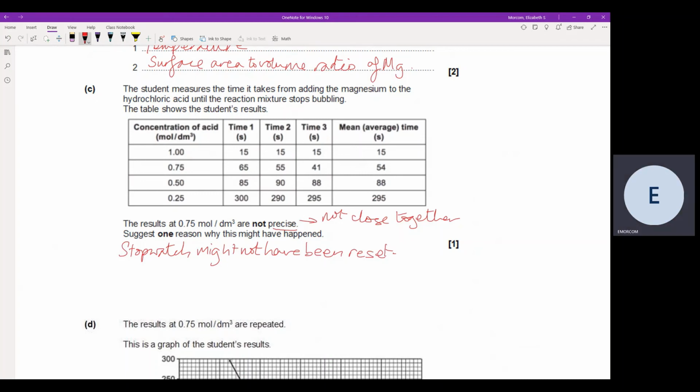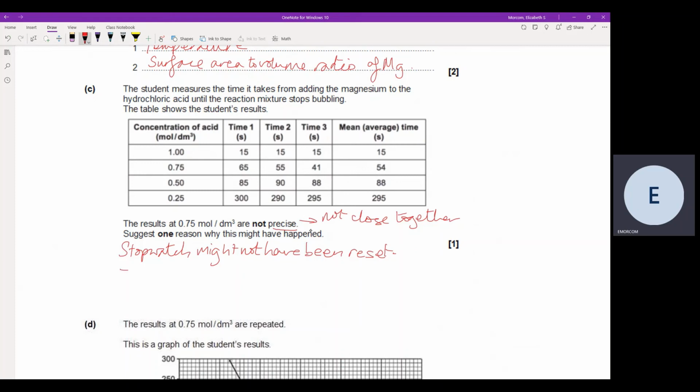Or we could have not washed out the equipment properly. If we hadn't washed out the equipment properly, and maybe we'd left a load of water in the conical flask, for example, that would mean that when we then added the acid, its concentration would have been diluted if there was still water in there.